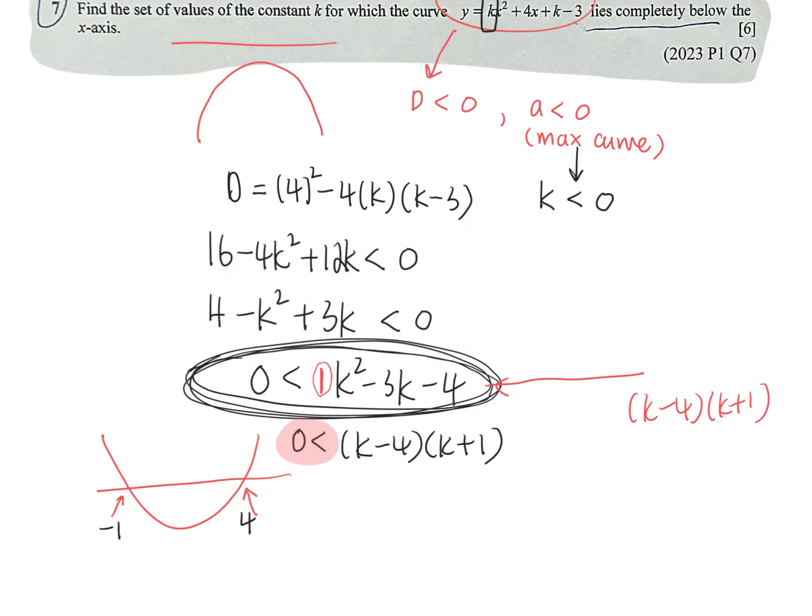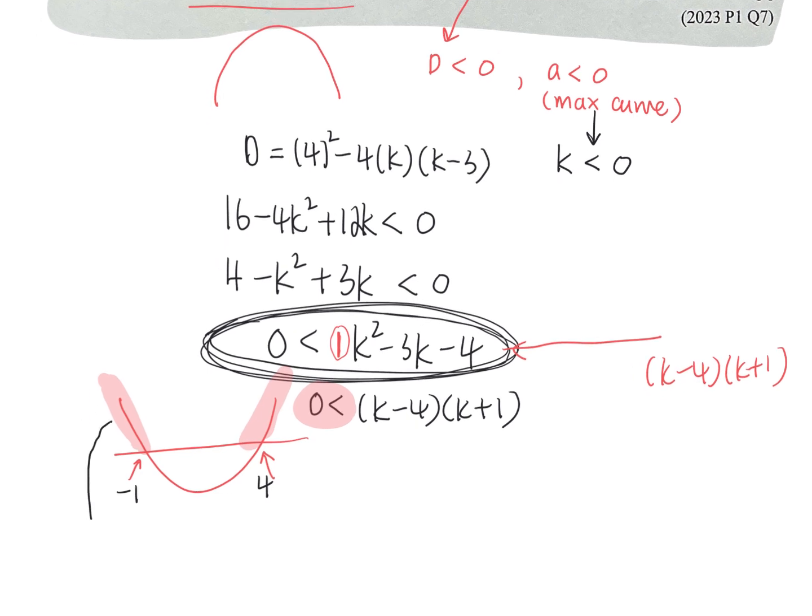According to the graph I have, greater than 0 is the tail. This is the part that is above my 0 line. So I want my solution to be the tail. All my x solutions here are all the k values less than minus 1, and all the k values greater than 4.